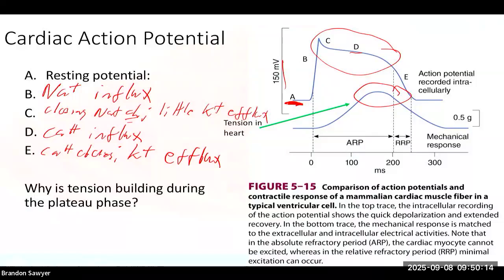So in B, the sodium influxes. Are the sodium-potassium ATPase pumps just working to build a gradient the entire time? Yeah, always. So the sodium is going to get pumped in, but those pumps are then going to be pumping sodium out.